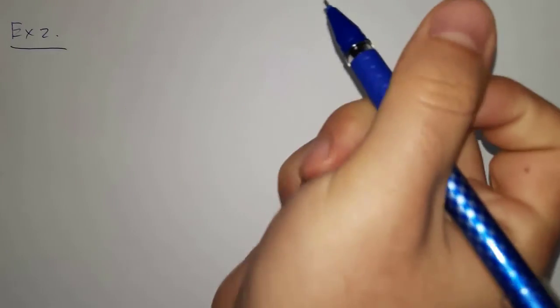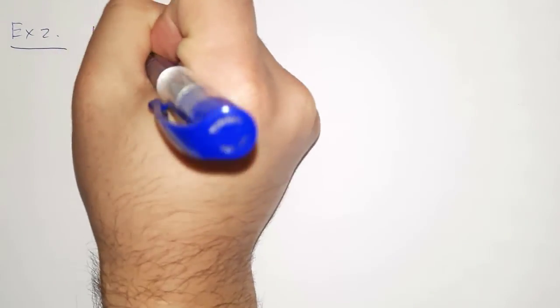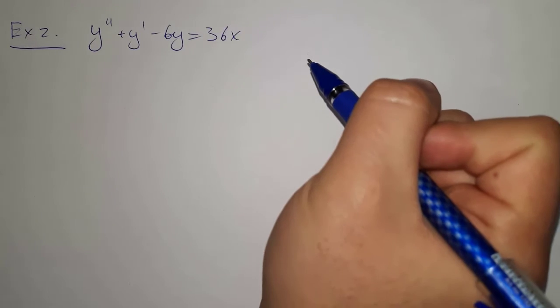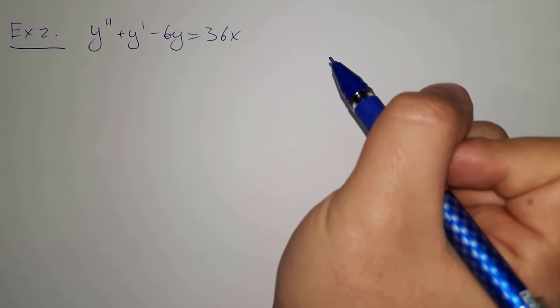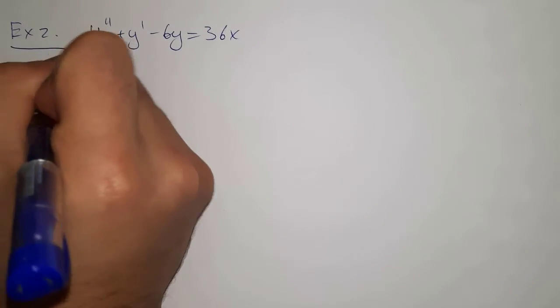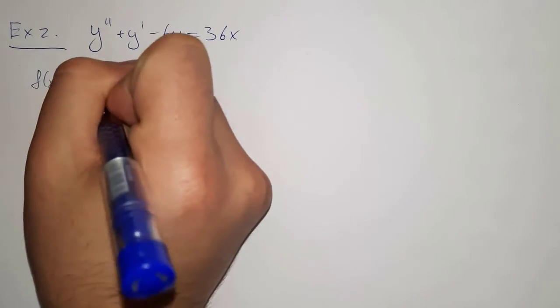And now let's consider the next example. Find the general solution of the equation. Example number 2. Here we have the following equation: y double prime plus y prime minus 6y is 36x. Now we will use the method of undetermined coefficients, and the right side of our equation, f of x, is in polynomial form, so ax plus b.